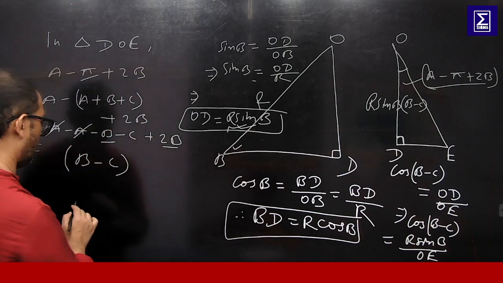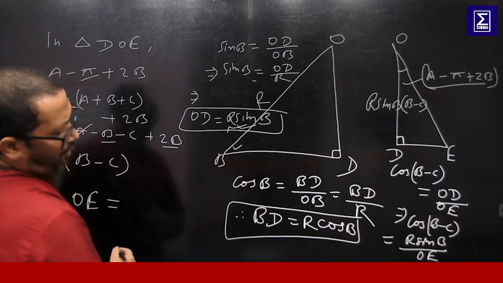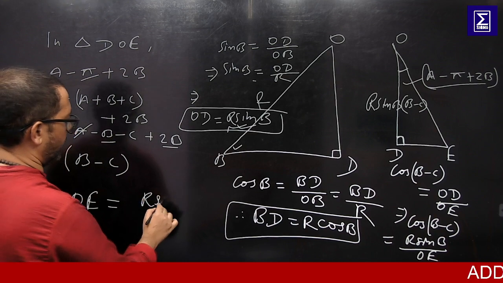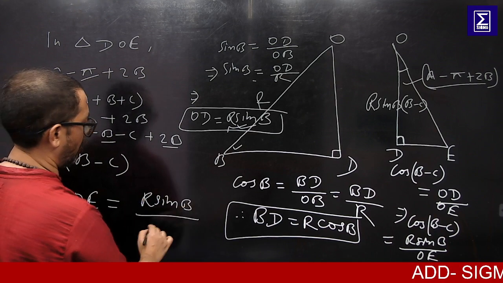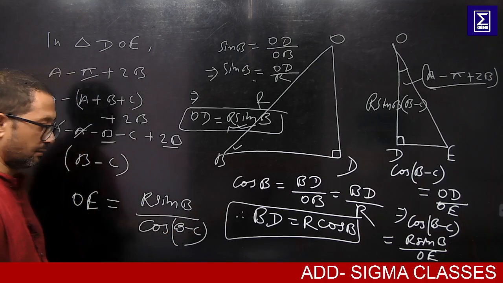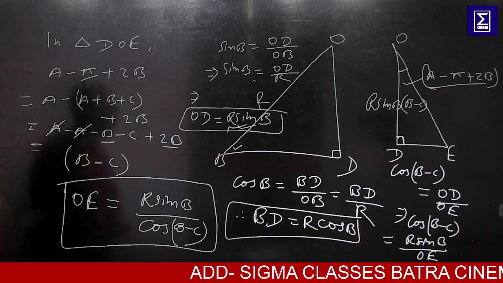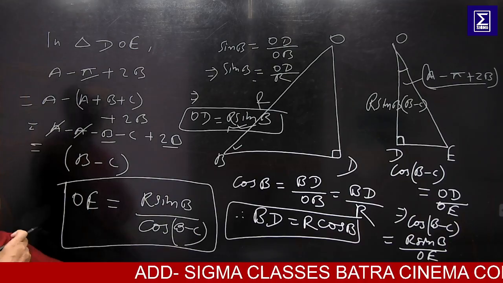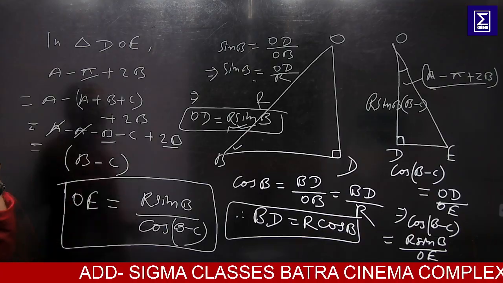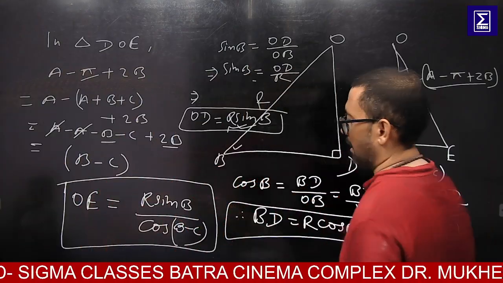So OE will be equal to R sin B upon cos B minus C. We got the relation OE is equal to R sin B upon cos B minus C. So this is the only relation we have to use in the next slide to get the answer.